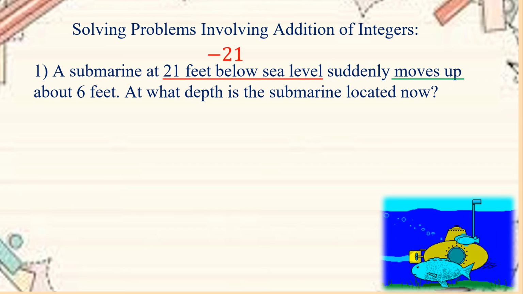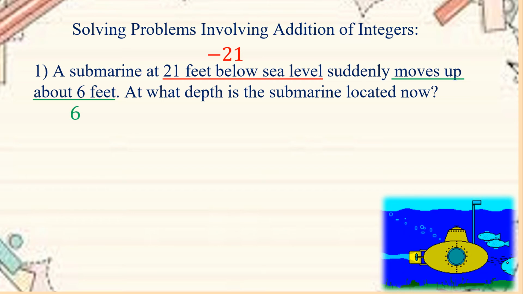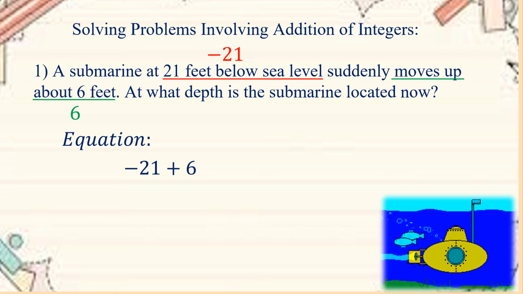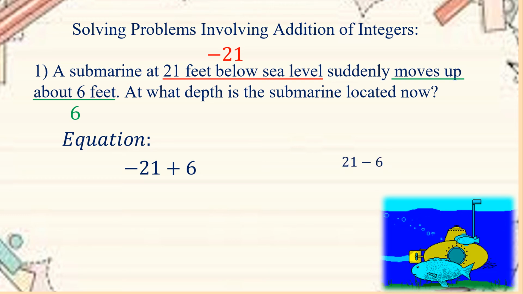And how about moves up about 6 feet? Correct, it is positive because of the word up. Now that we have our given, we have to have our equation. So the equation will be negative 21 plus 6. So what is negative 21 plus 6? So first we are going to subtract 21 minus 6. 21 minus 6 is equal to what?